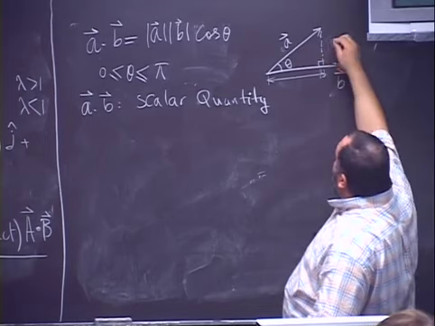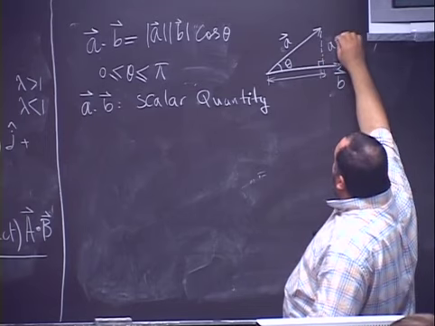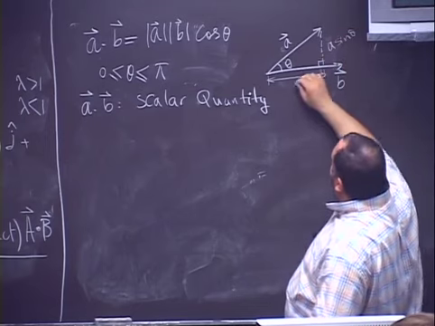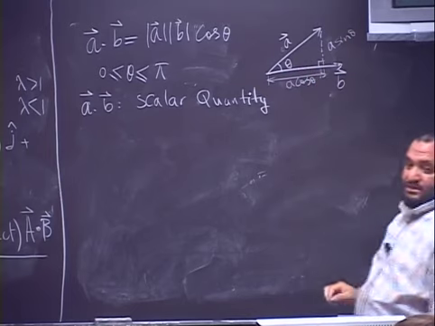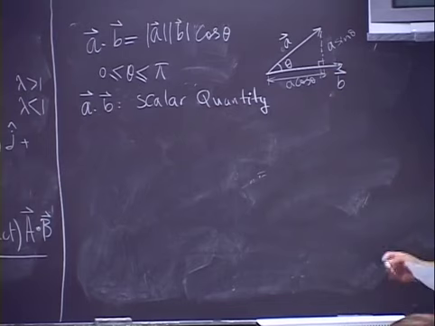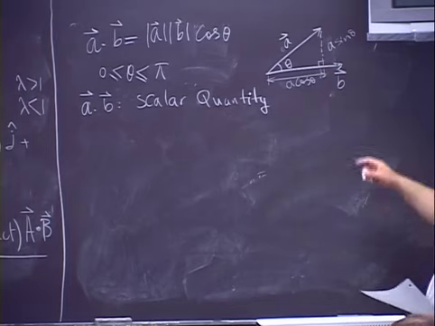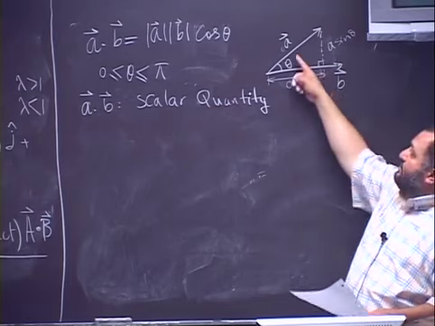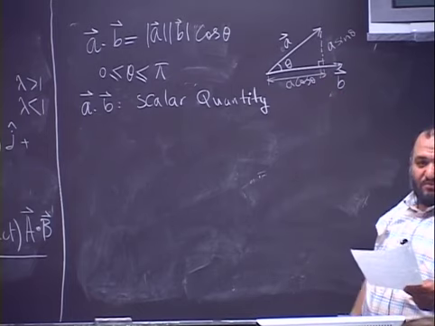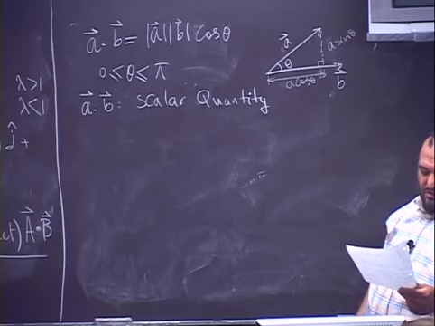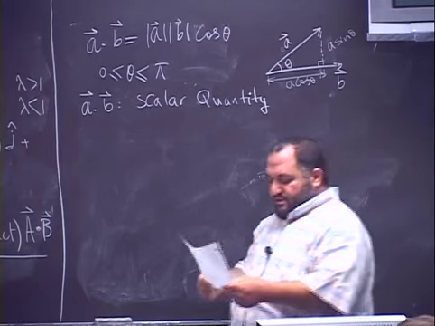This is A sine theta, and this is A cosine theta. So when you do the scalar multiplication, you just take the projection of A over the vector B and then multiply by the amplitude of vector B. So this is just the geometrical representation.